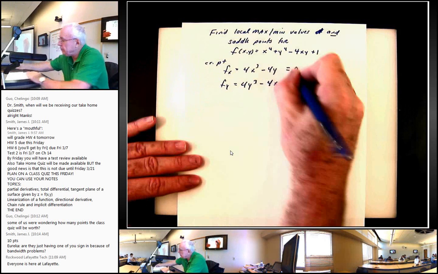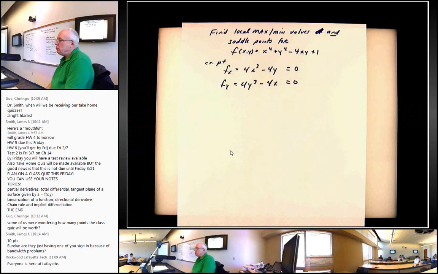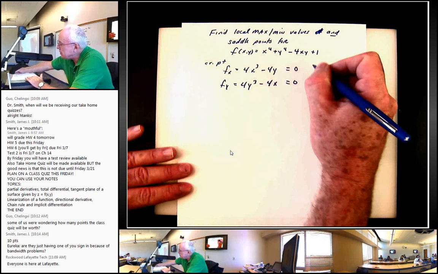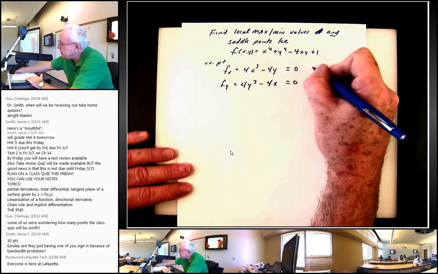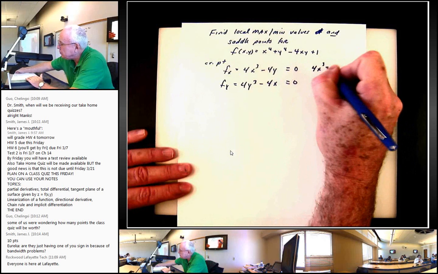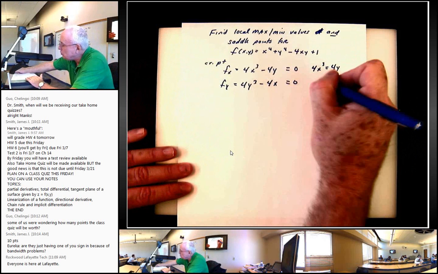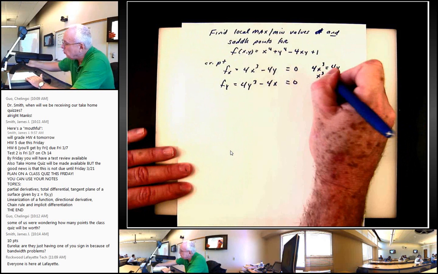So here we have two different equations: 4x to the third minus 4y equals 0, and 4y to the third minus 4x equals 0. Let's see what these both give us. If I add 4y to both sides here, I get 4x to the third equals 4y, and I can divide by 4, so x to the third is equal to y.